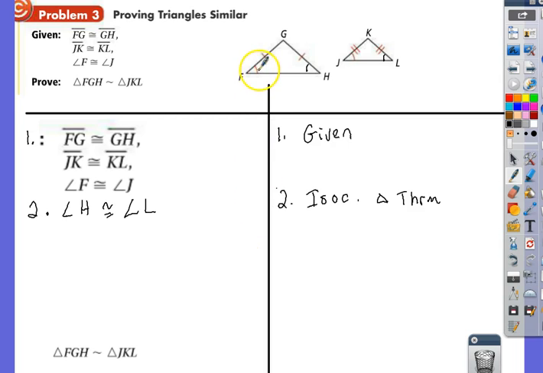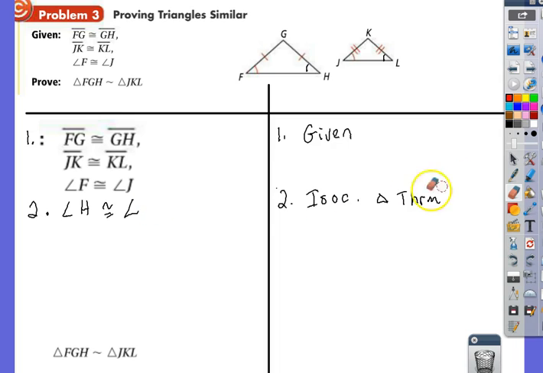So I know that this is congruent to that, and that's congruent to that. Why aren't the sides congruent? I'm just asking about how can I prove angle H and angle L are congruent, because I wrote that down, but that's not true yet.